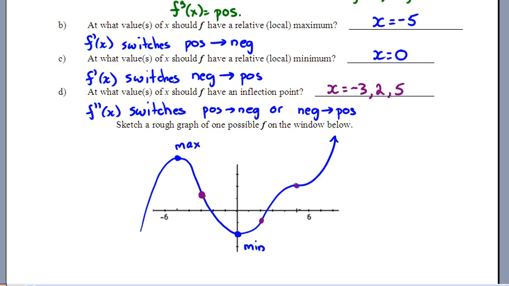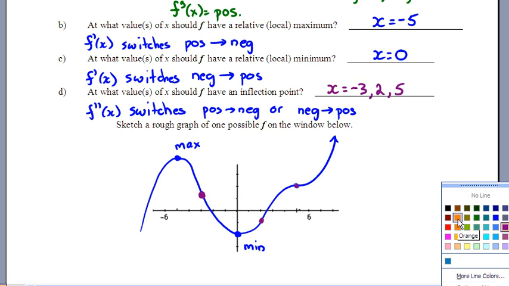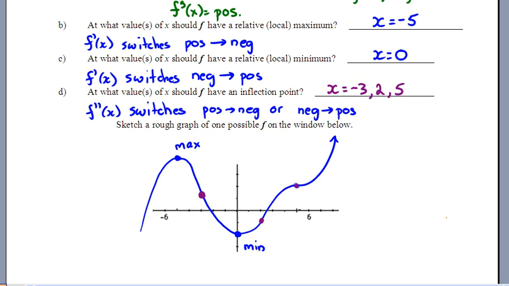So let's just add a couple of things to this picture, just so you can see why I drew that. In this first section right here, I think we've got an f prime that's positive. And then here, f prime is negative. And here, f prime is negative. And then here, f prime is positive.